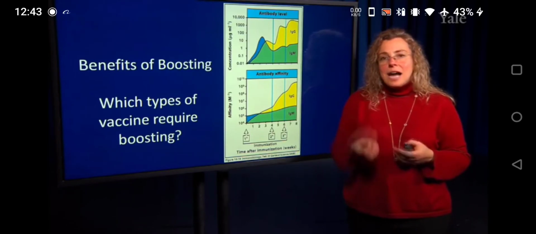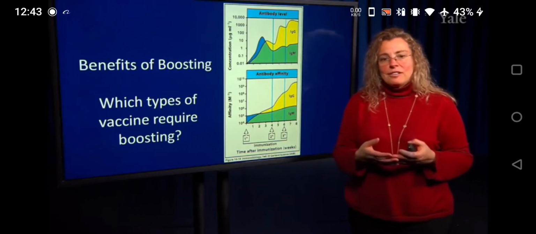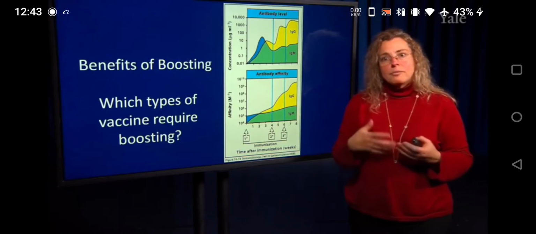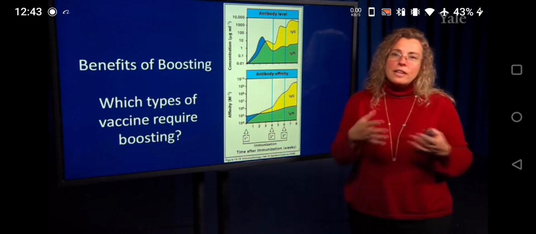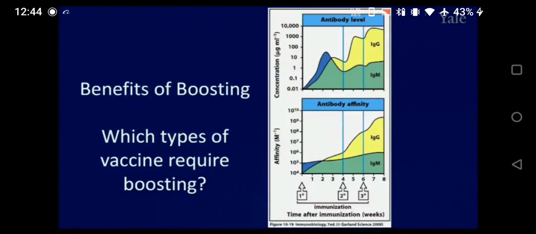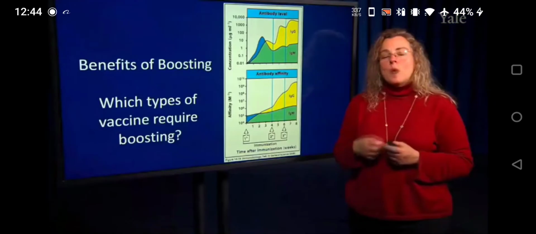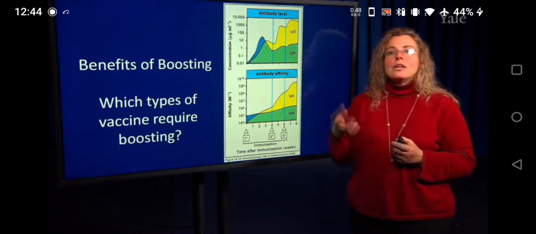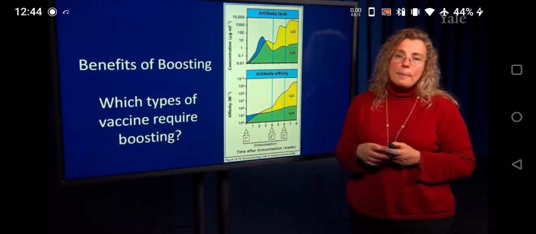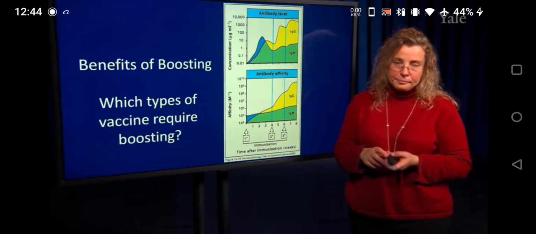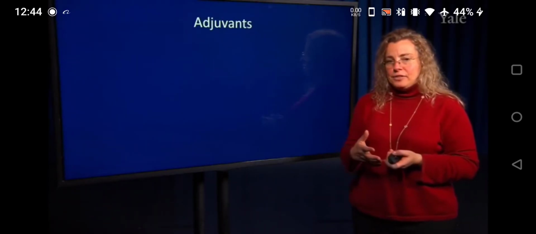Anything that's not a live infection is going to require some form of boosting, because only the live infection is really what mimics what happens during a real life infection. And all our other vaccines don't. So we have to keep reminding the immune system that they really do want to make an immune response to our particular vaccine. So that brings me to adjuvants.